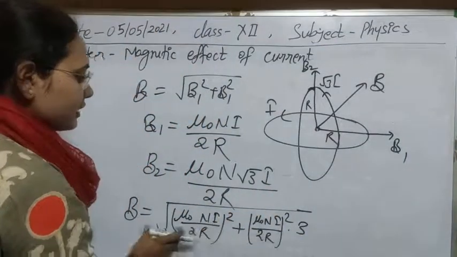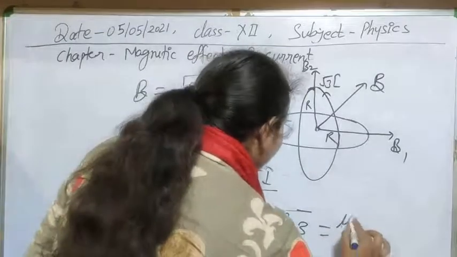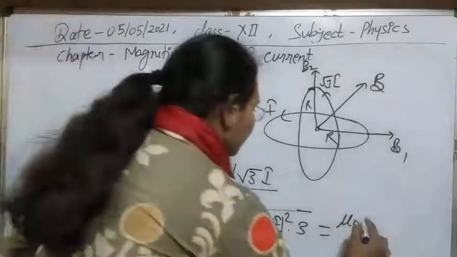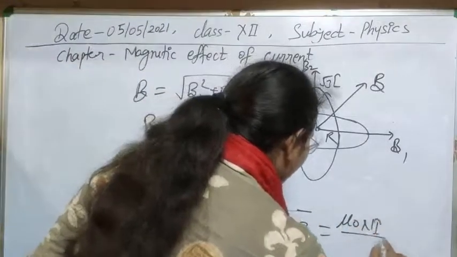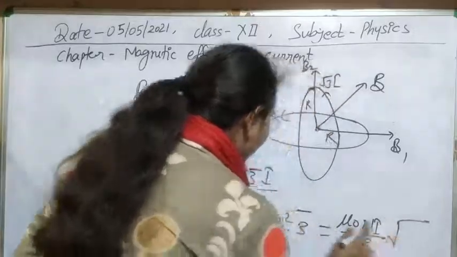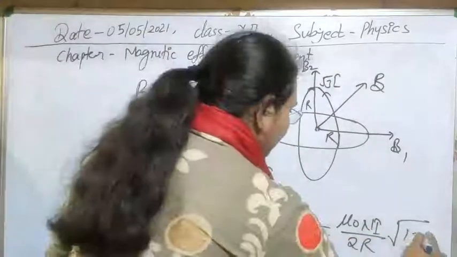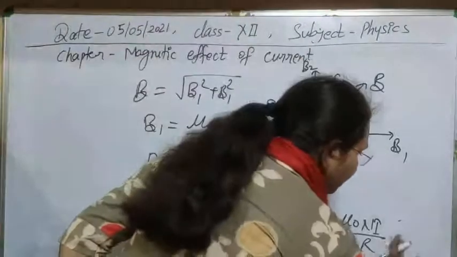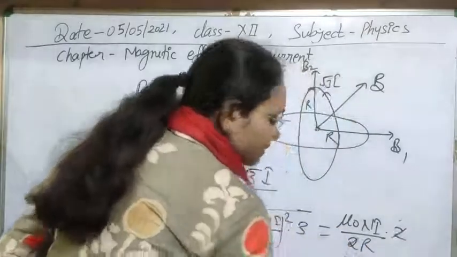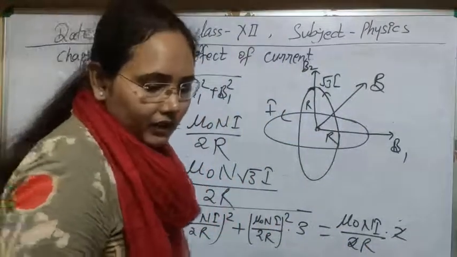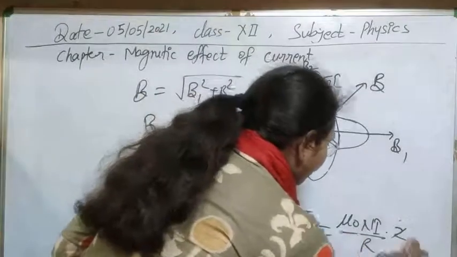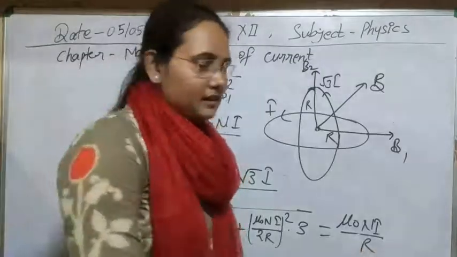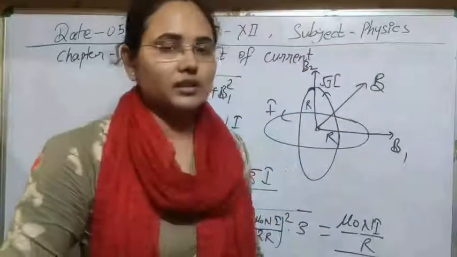So after taking the common part out, and solving the root, mu naught Ni upon 2R comes outside. Inside we have 1 plus 3, so this is root 4, and root 4 is equal to 2, and this 2 will cancel out. Then the final magnetic field that we get due to these coaxial coils that are perpendicular in plane is obtained like this. So this is our answer for this question.